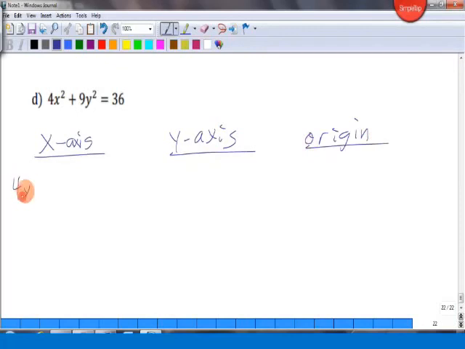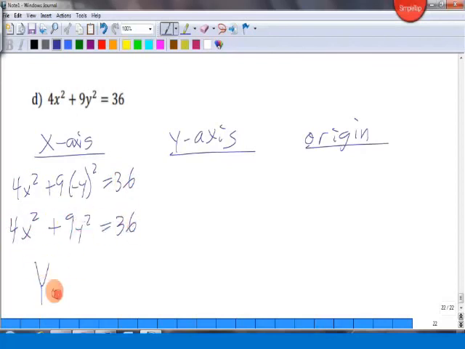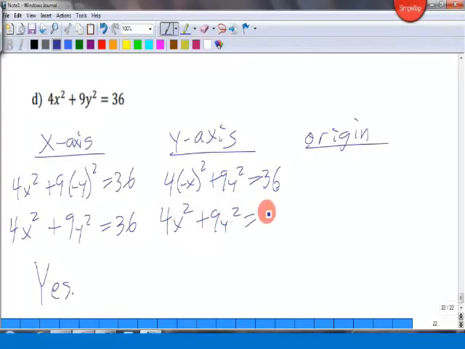Substituting negative y for y is going to give us the 9y squared right back. Substituting negative x for x is going to give us the 4x squared right back. And doing both is going to do both.